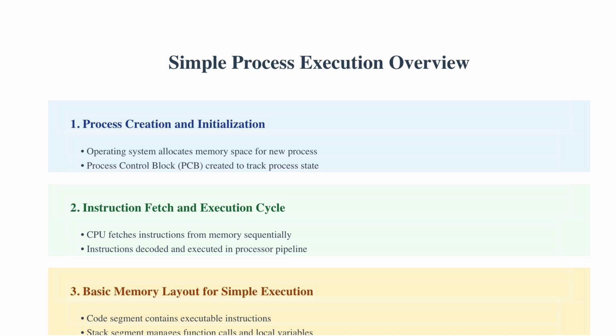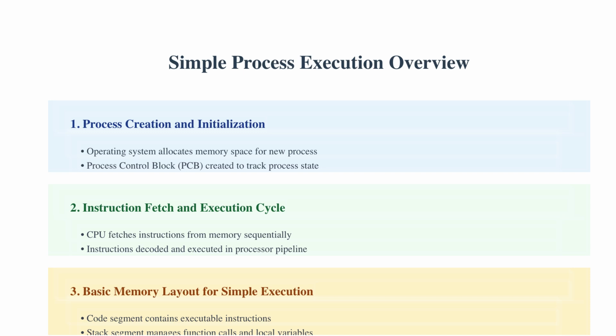This is where the magic begins. The operating system takes our static program and breathes life into it. The OS allocates dedicated memory space for the new process, loads the program code into memory, and initializes the process control block with essential information like process ID and initial register values.